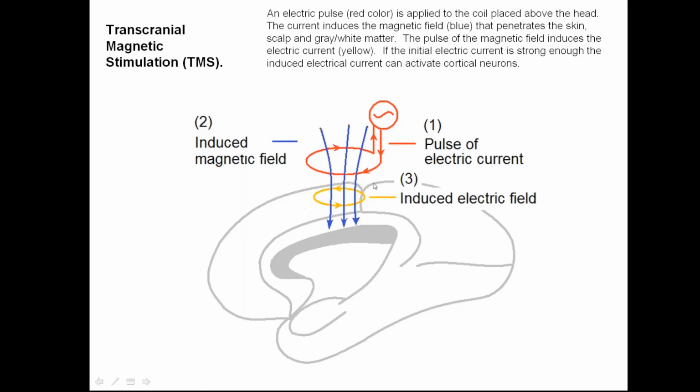The pulse of the current, the change of the electrical current, induces a magnetic field, according to Faraday's law, which penetrates the skull and the skin, and generates an induced electrical field in the cortex. And if the current is strong enough, it can activate neurons locally in the cortex.